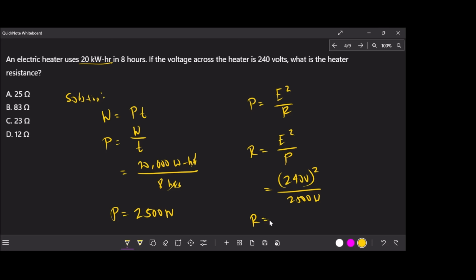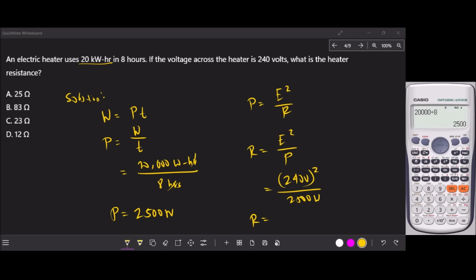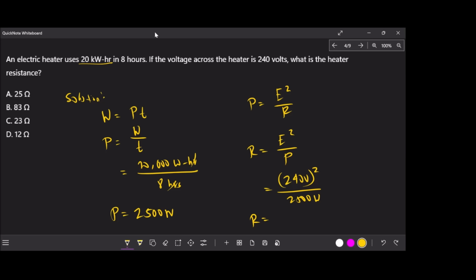Okay, so our resistance now is equal to 240 squared over 2,500. So we have 23.04 ohms. Yung pinakamalapit is letter C.